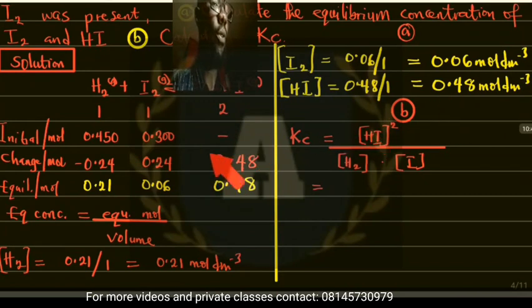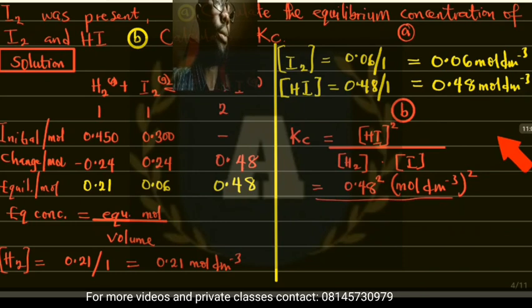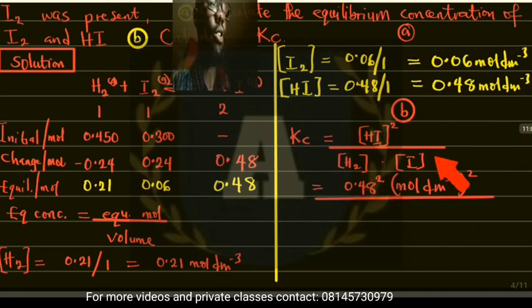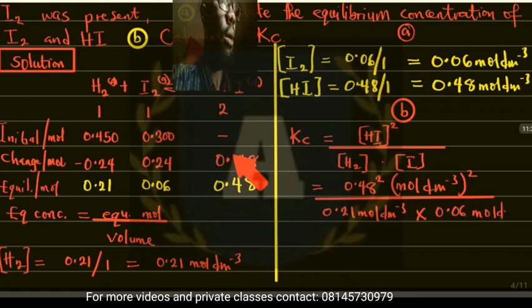This is 0.48 for hydrogen iodide, 0.48 squared, that is mole per dm cube, everything also squared because of the 2, divided by the equilibrium concentration of hydrogen, which was 0.21 mole per dm cube, multiplied by the equilibrium concentration of iodine, that is 0.06 mole per dm cube.